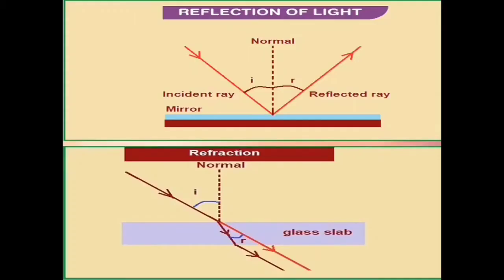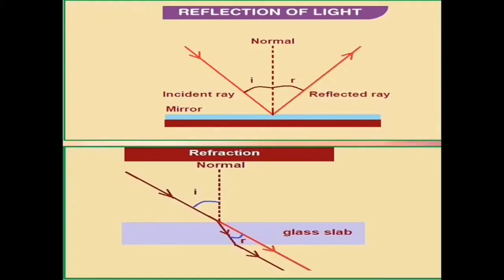It makes a certain angle at the normal, which we call the angle of incidence. Actually, if there is no denser medium, then that light ray follows the path shown in the diagram with a red color.